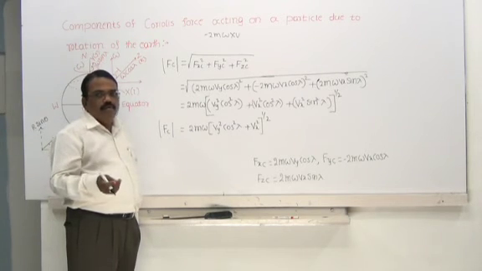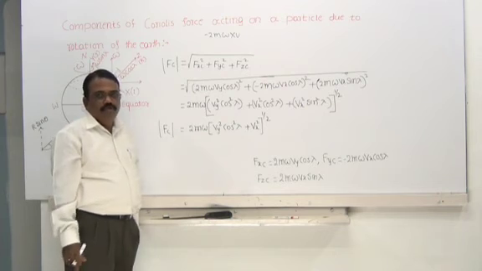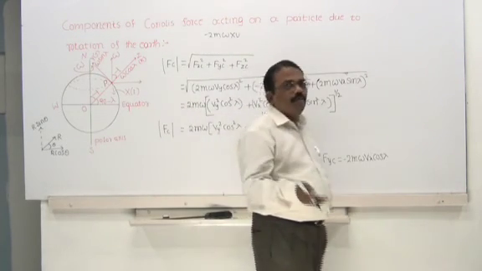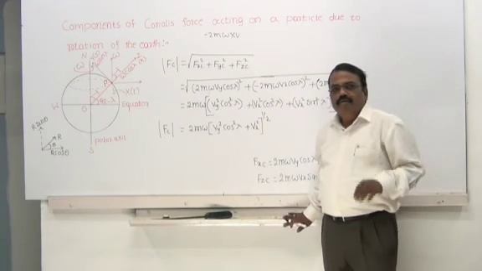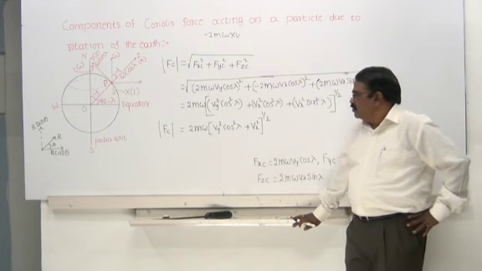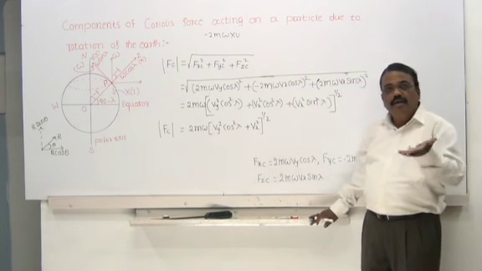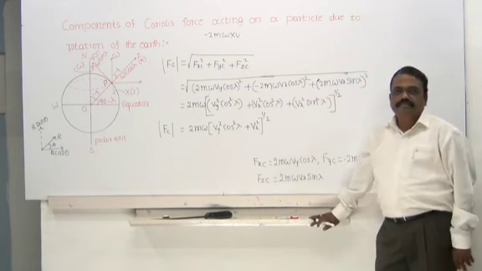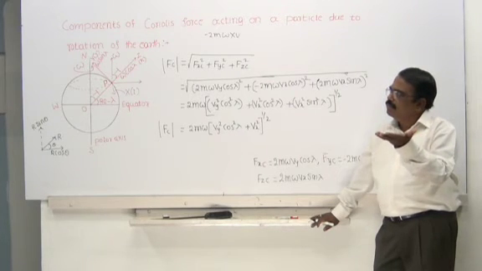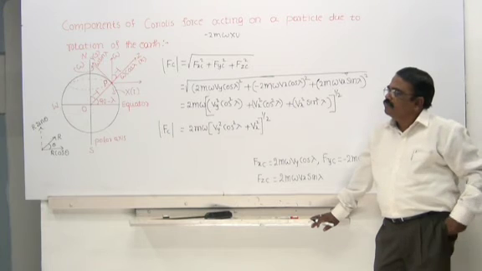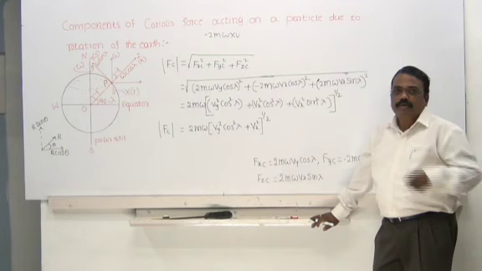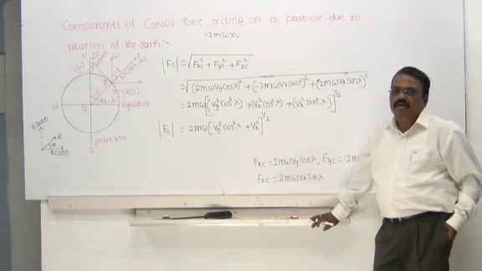Then you have to calculate what is the x component of the force, what is the horizontal component of the force and what is the vertical component of the force. So the forces which are lying in the plane of the point P are horizontal. A force which is perpendicular to that is the vertical component.